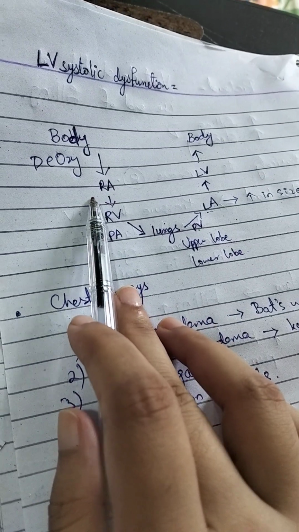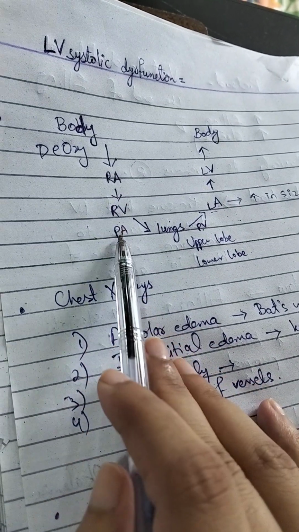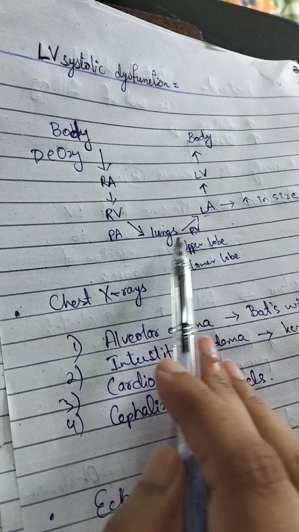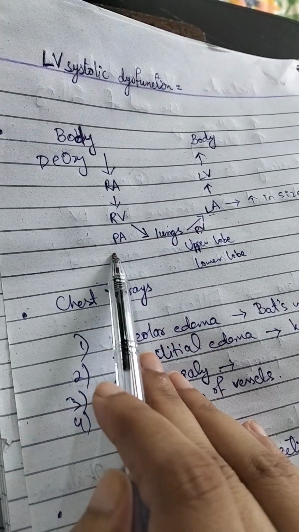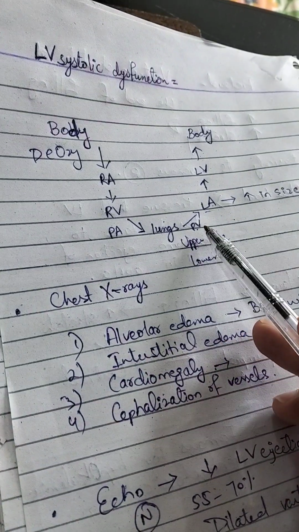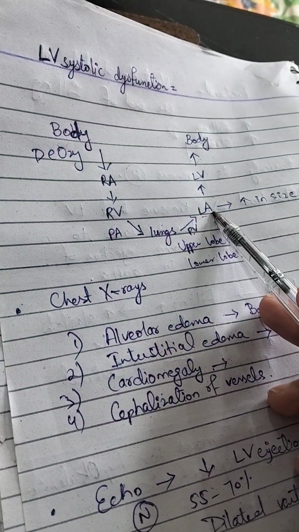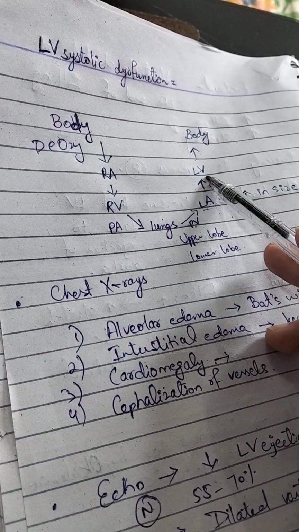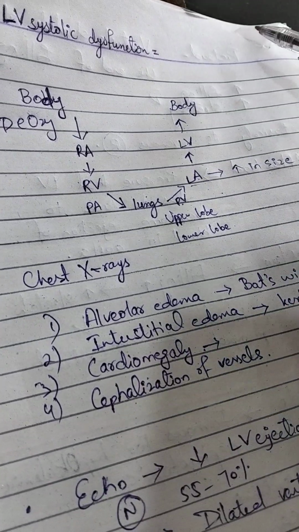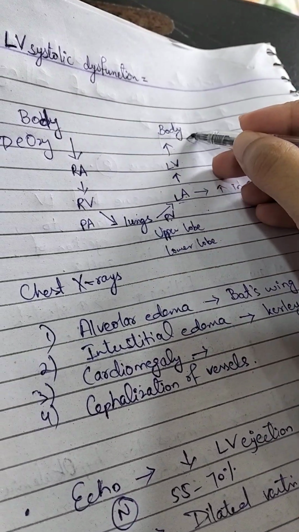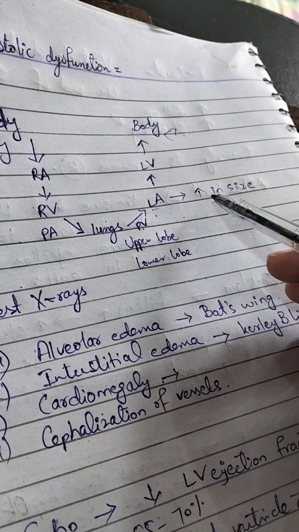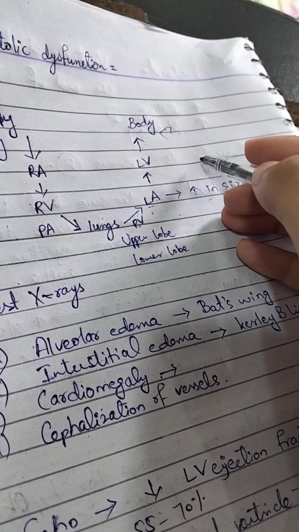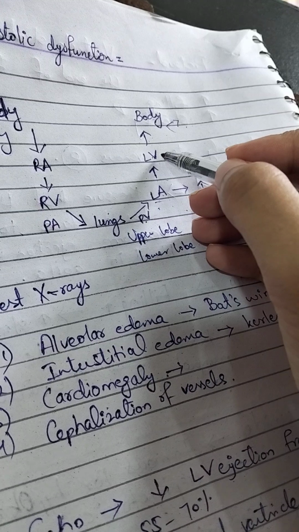From the right atrium it travels to the right ventricle, then to the lungs for oxygenation through the pulmonary arteries, then from the pulmonary veins to the left atrium, then to the left ventricle, and then to the body for systemic circulation.